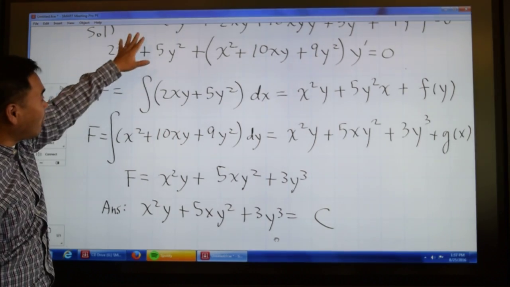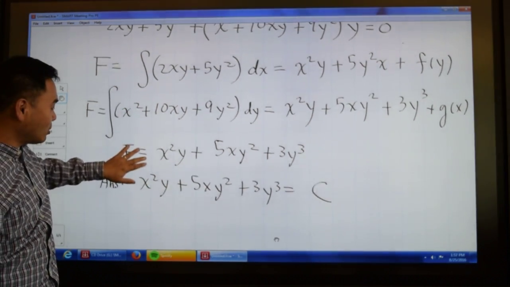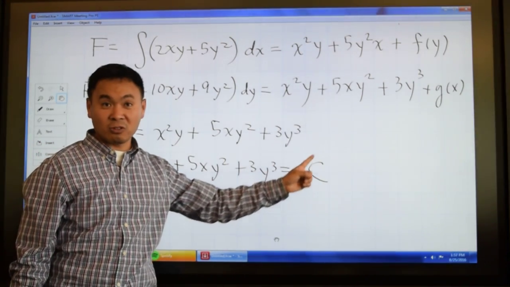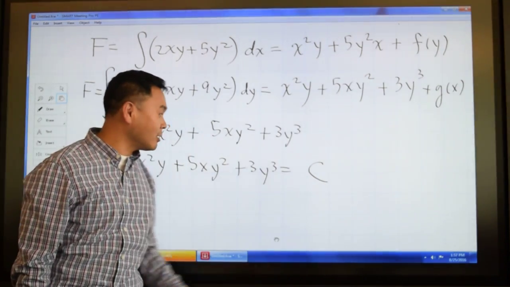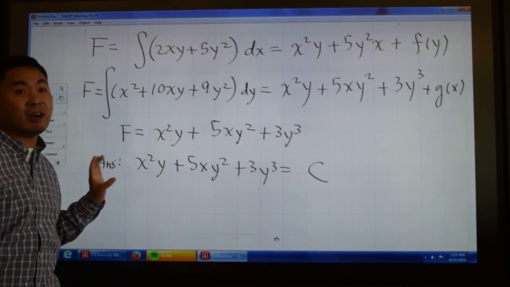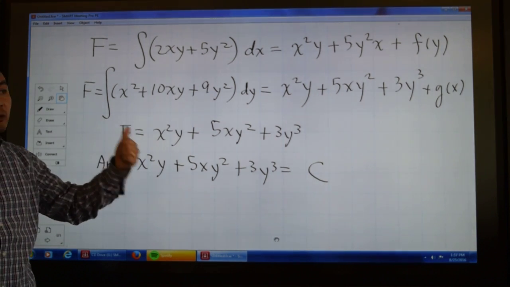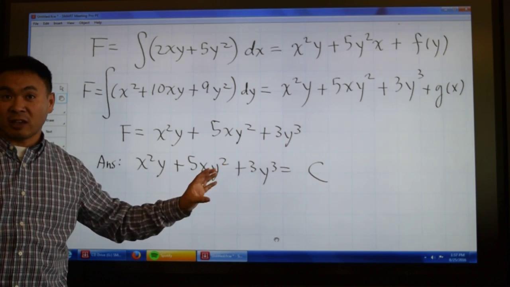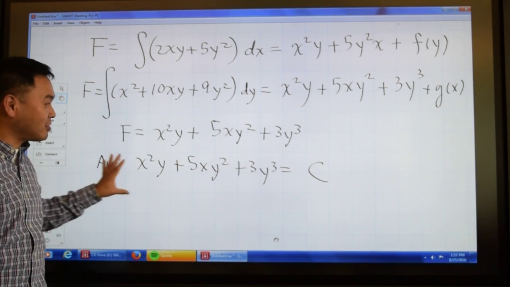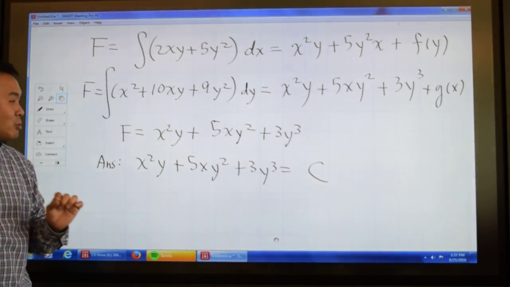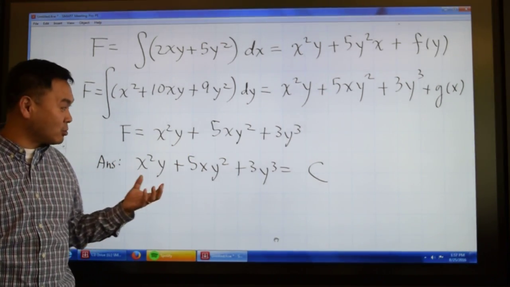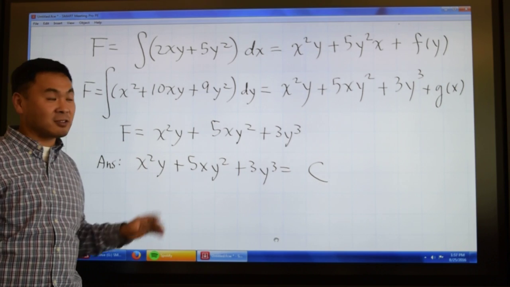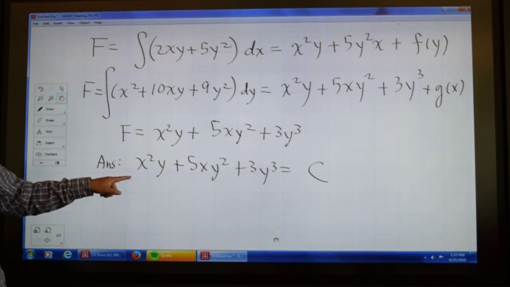Then you can undo the implicit differentiation this way to find the original function, with some constant which cannot be determined. And in this final thing you can't solve for y. Usually for the first order linear or separable, you always solve for y to put it as the answer, right? Here, it's often the case that you can't solve for y. In some very special cases you can. In that case, it's ideal to solve for y, but in most cases, it's much simpler to leave it like this.